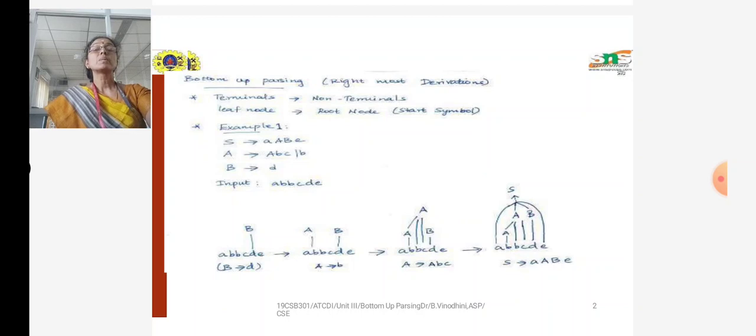Then A has two productions and B has a production B tends to d. From these production rules we derive the input string abbcde, starting with abbcde, and that string is reduced to the start symbol using the right sentential form of the rightmost derivation. This is the way bottom-up parsing works.